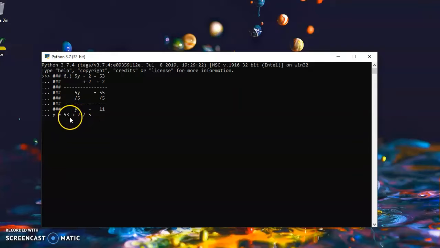We don't want to take 53 plus 2/5. We want to make sure and put parentheses in here. It's like 53 plus 2, and then that number divided by 5. Then y equals 11.